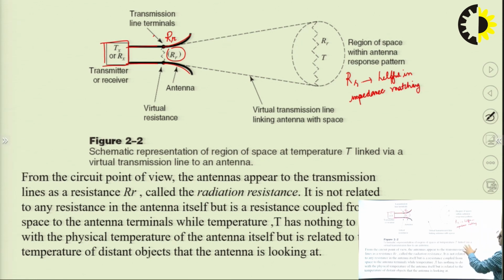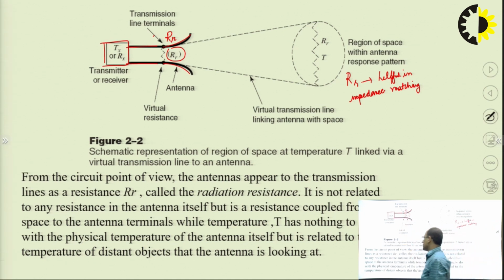When there is an impedance matching between the impedance at the antenna terminals and the impedance of free space, then only the radiation will be produced in space, otherwise radiation will not be produced in space and it will get back into the transmission line and produce standing waves.